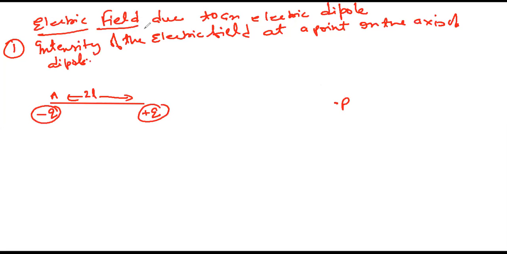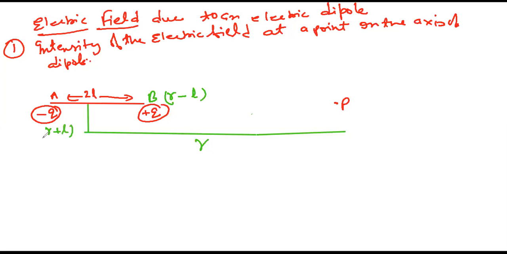You take its distance from the midpoint. This distance is R. So from B the distance will be how much? R minus L. And from A it will be R plus L. Are you following it?